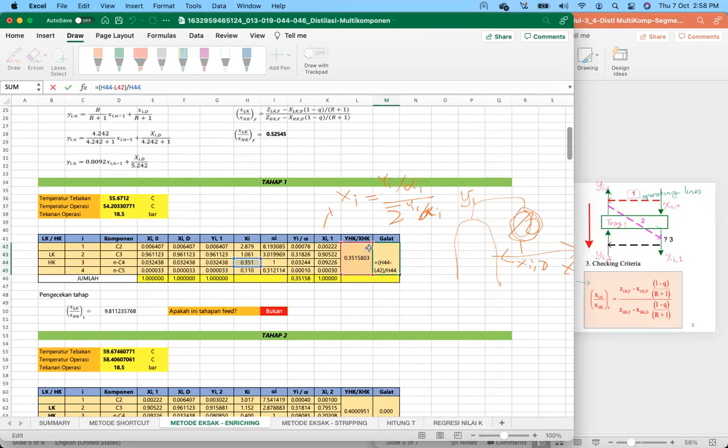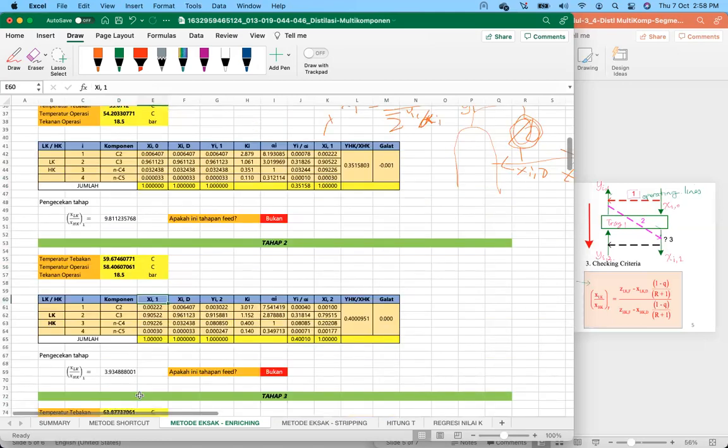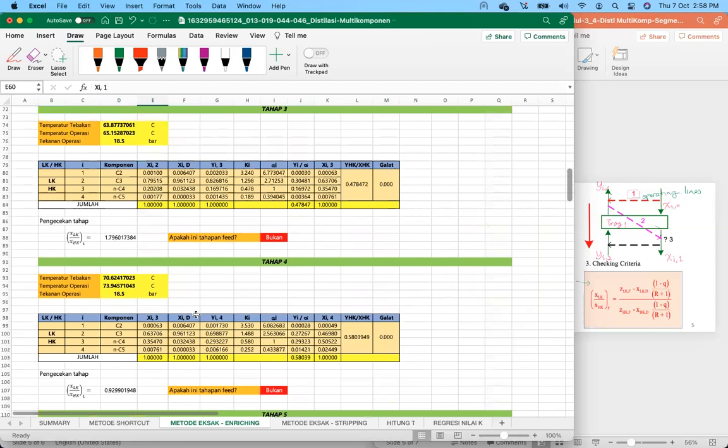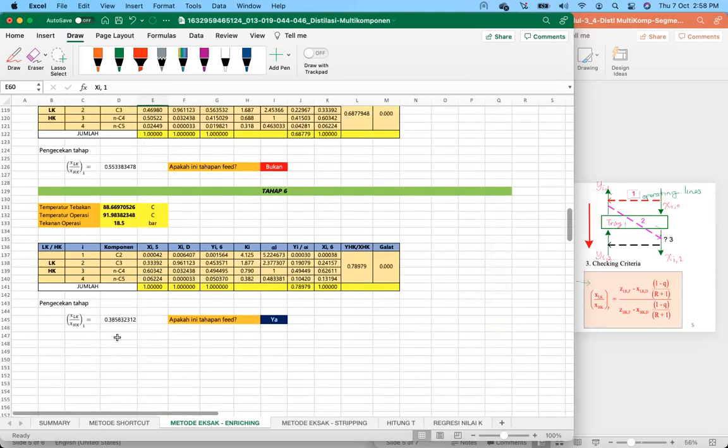Maybe you can use Goldfish to find the operating temperature. Even if we guess 55, there can be a difference. You do it for every stage, so it can take quite a long time until one of the checks is satisfied, showing this is the feed stage.